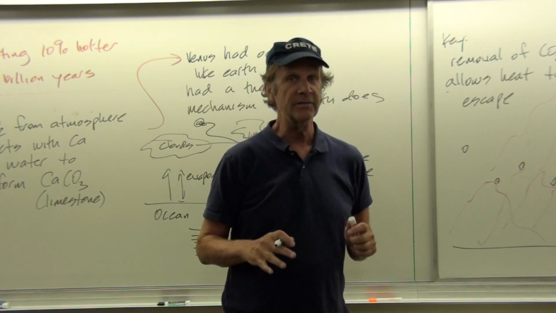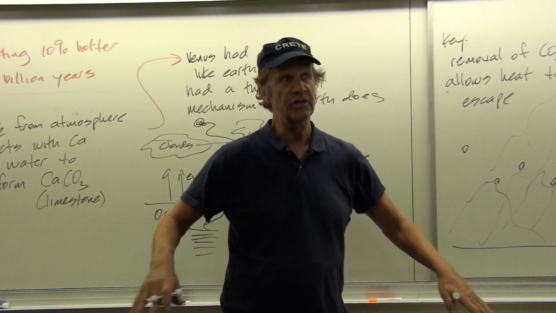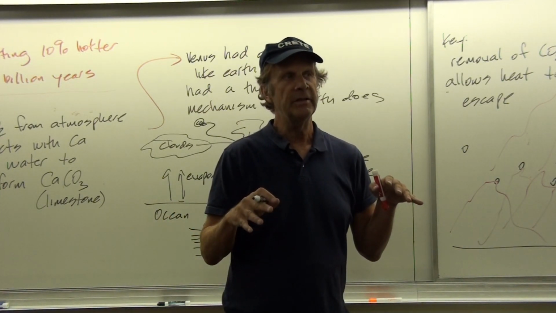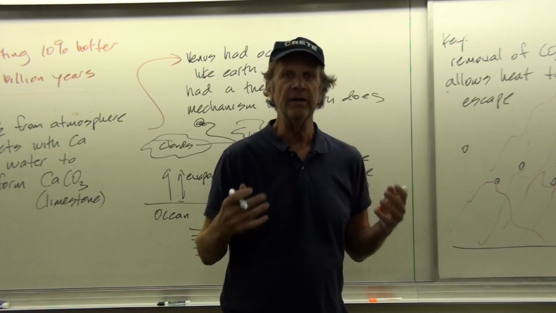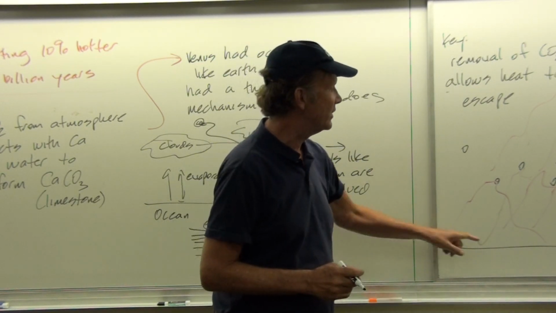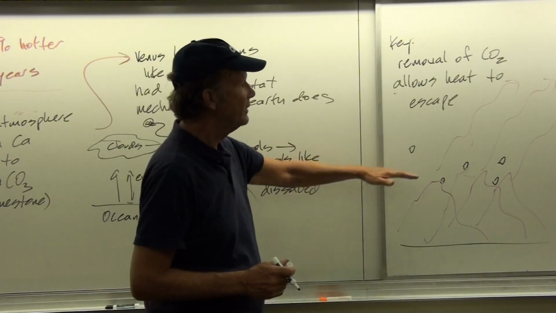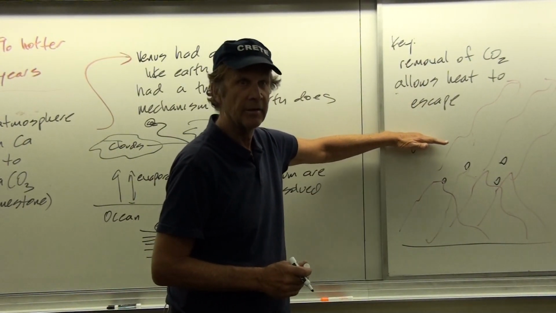And so the process then of the thermostat mechanism is one in which the heat that's released from the interior is driving these processes by means of releasing carbon dioxide into the atmosphere and preventing the snowball Earth.